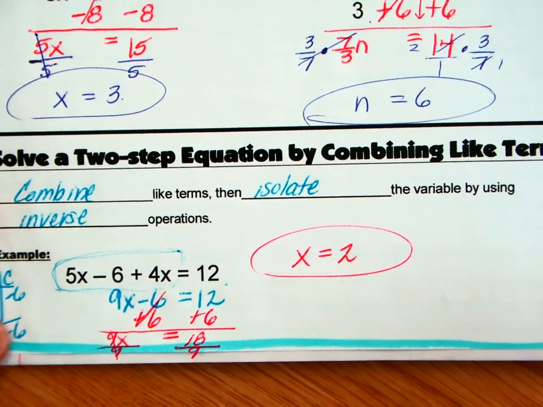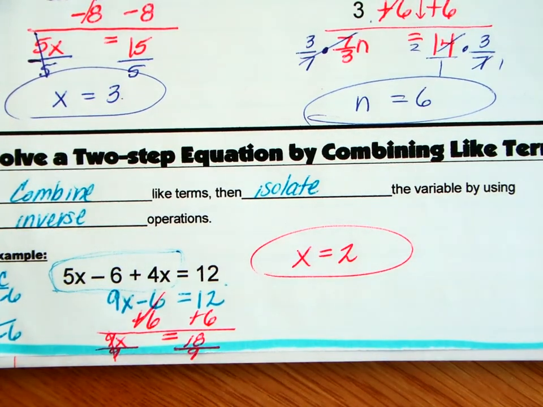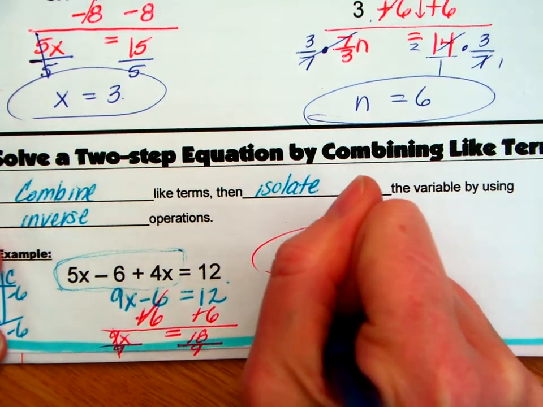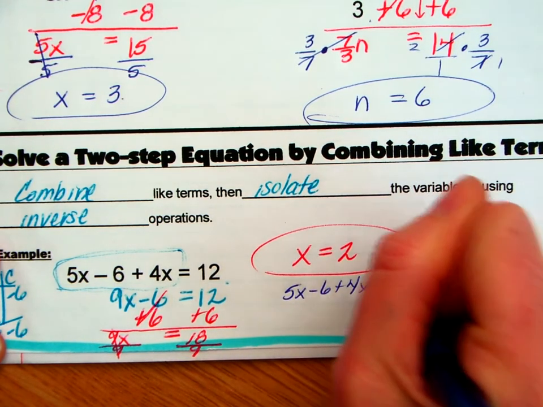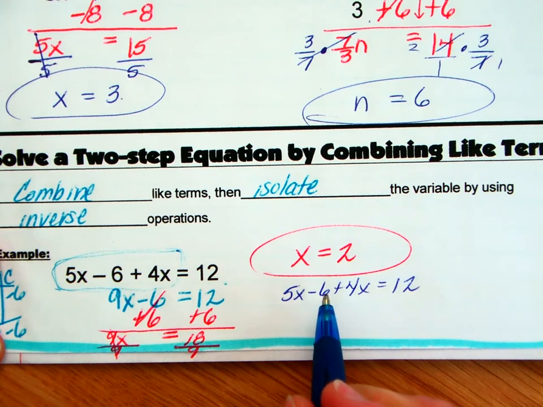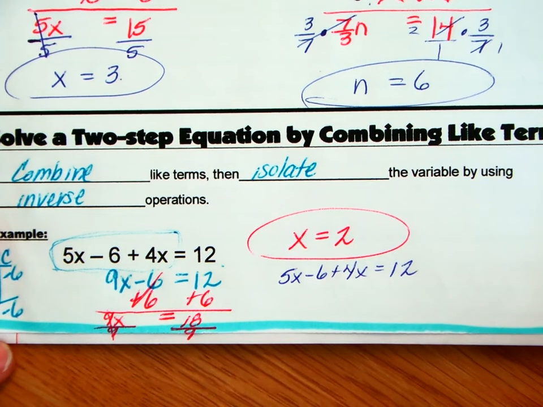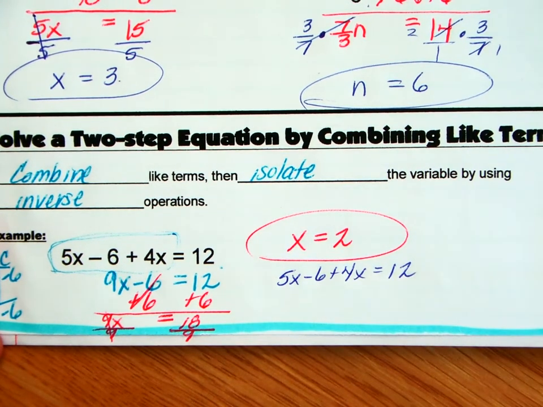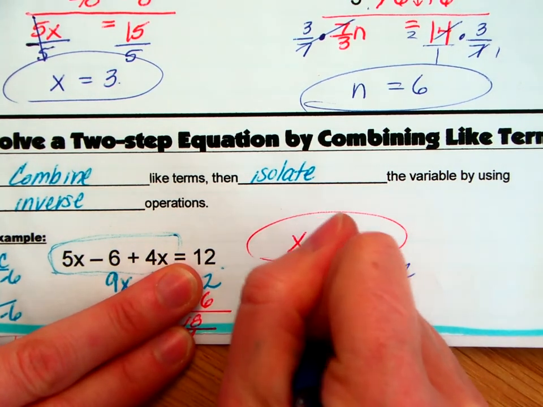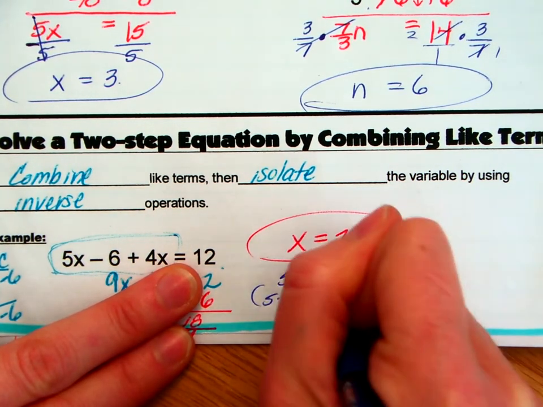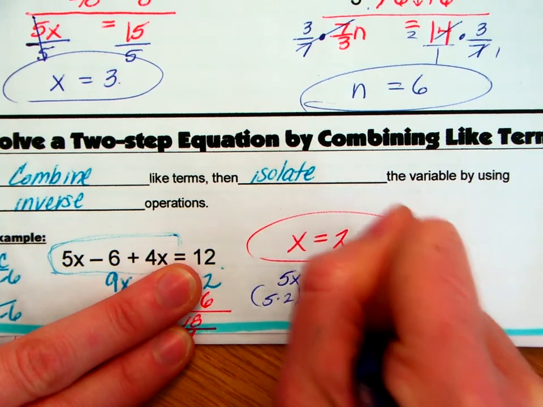How do you know if you're right? I'm going to show you very quickly. I'm going to rewrite the original expression right here. I'm going to take the value that we figured out should be correct and substitute it everywhere I see x. I'm going to do 5 times 2, subtract 6, plus 4 times 2.